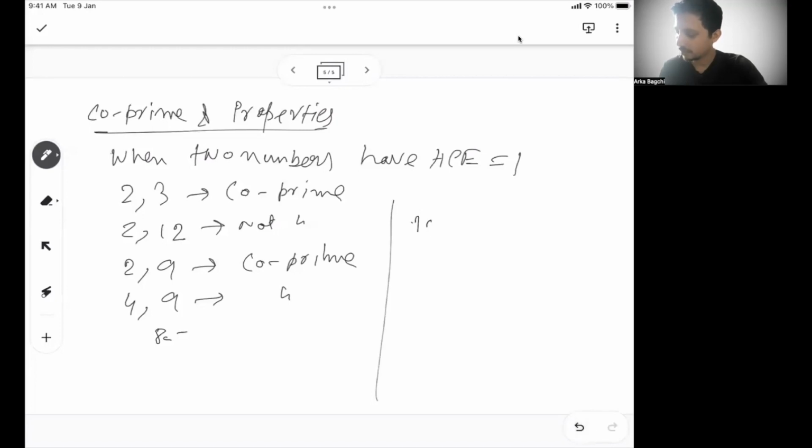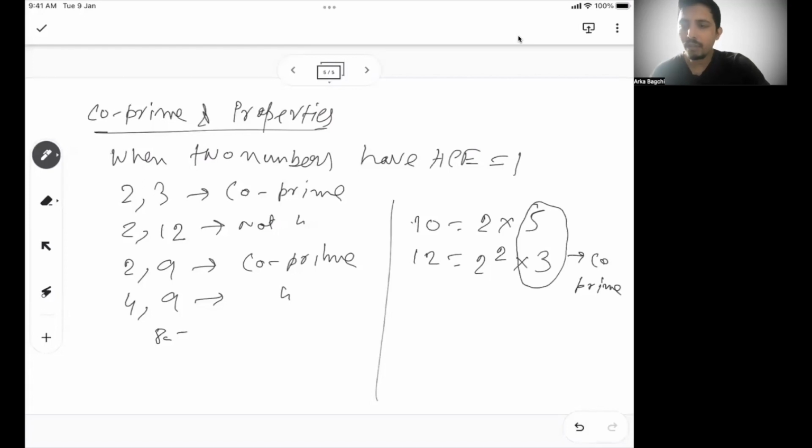It will be easy for you to understand. 10 is 2 into 5, and 12 is 2 square into 3. So if these are the two numbers, we can say the parts which are not common are coprime. First you have the common factor, and then you have a coprime number.